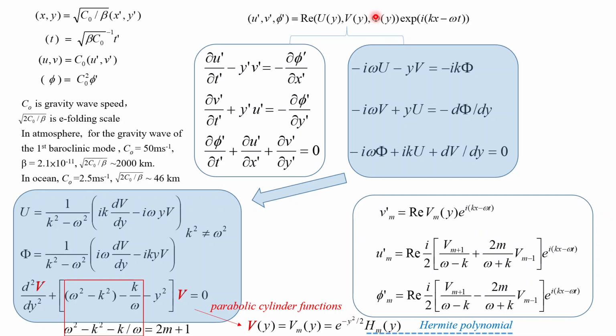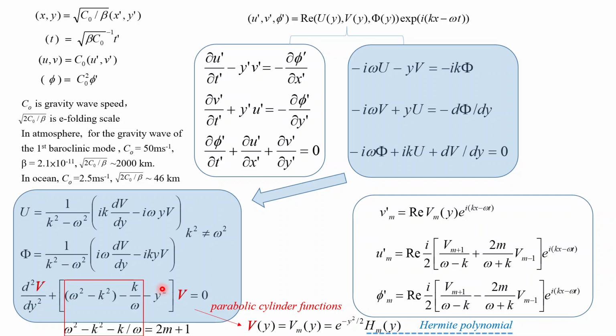Here v is the meridional part of the solution we assumed. So for the v, you derive a differential equation, the second derivative of v in y times this set of variables in the bracket.